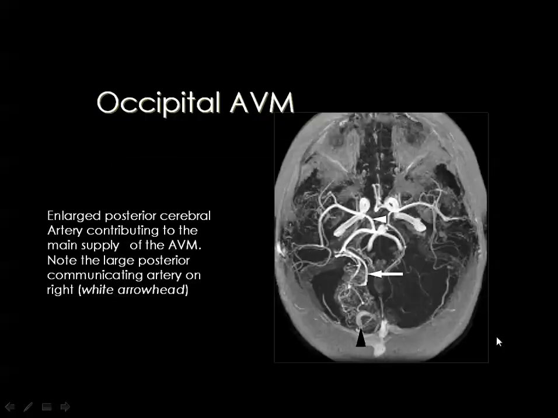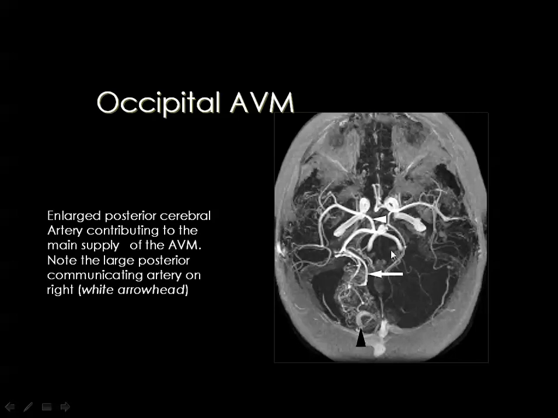And this is an occipital vascular malformation, and this is the reconstructed MR angiogram. You can see that the vascular malformation is supplied by the posterior cerebral artery, which is a little bit dilated, and the branches are also dilated and tortuous, contributing to the main blood supply of this lesion.